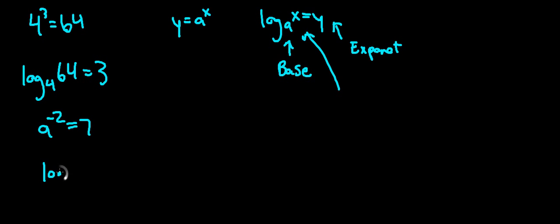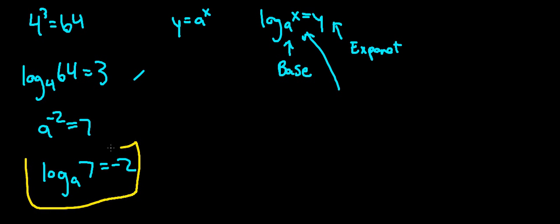So logarithm of base a. So a to what power gives 7? And that power is 2. That's how we write that one out.